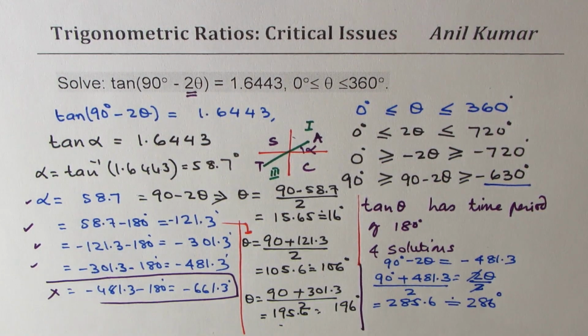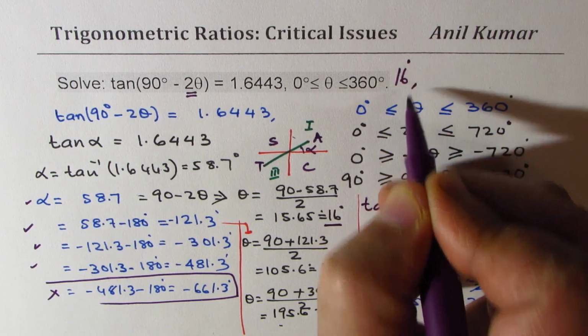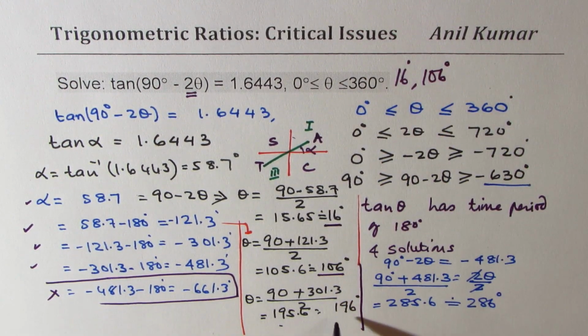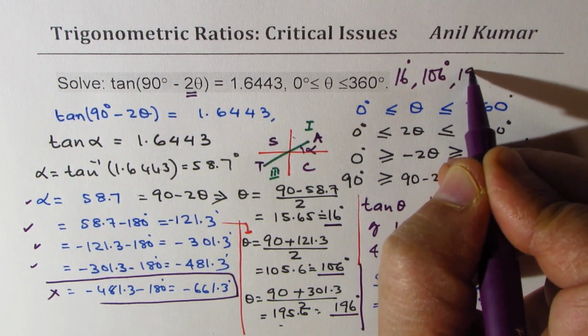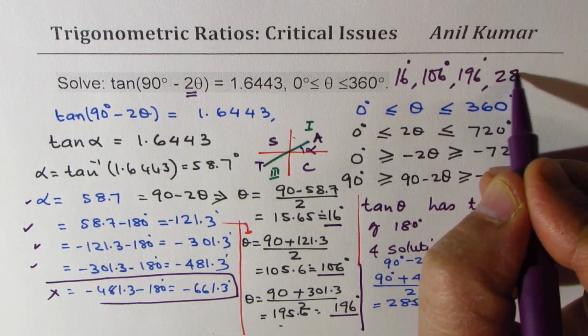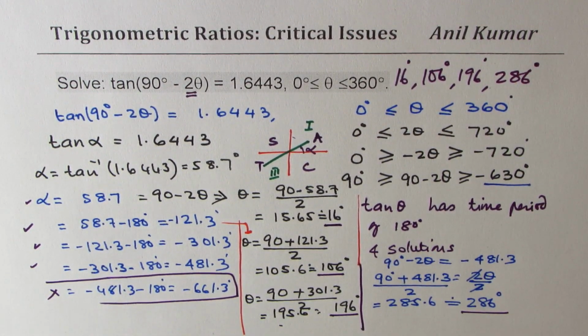You see, all the angles we have got are within 0 to 360 degrees, correct? So our solutions are 16 degrees, 106 degrees, 196 degrees, and 286 degrees. Perfect.